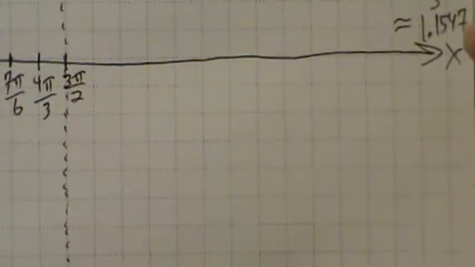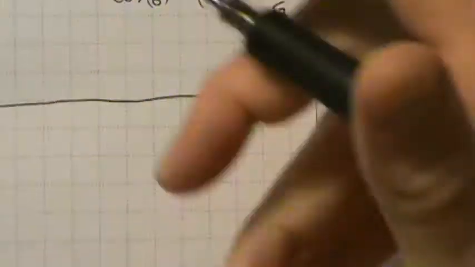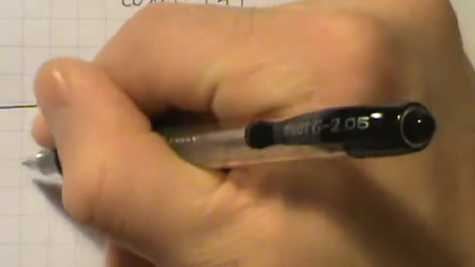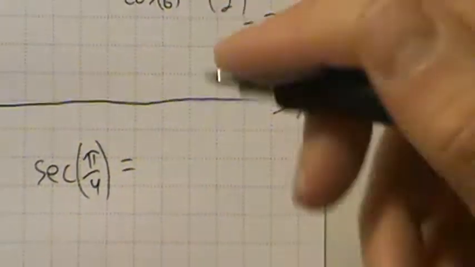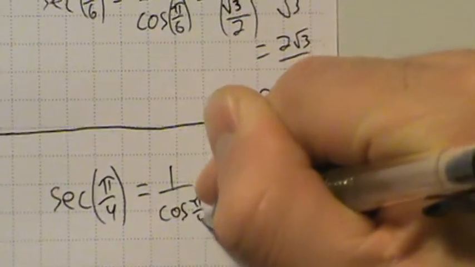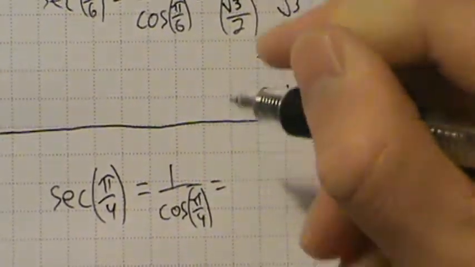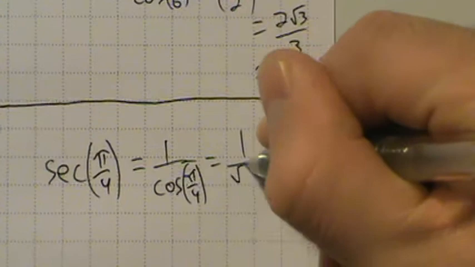So the secant of pi over 4 is 1 over the cosine of pi over 4. Cosine of pi over 4 is root 2 over 2.